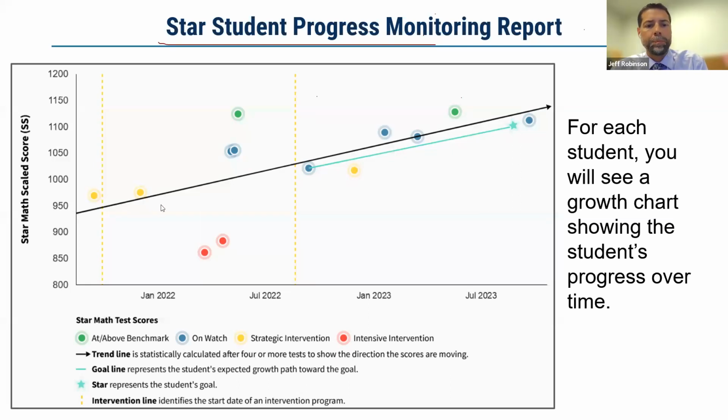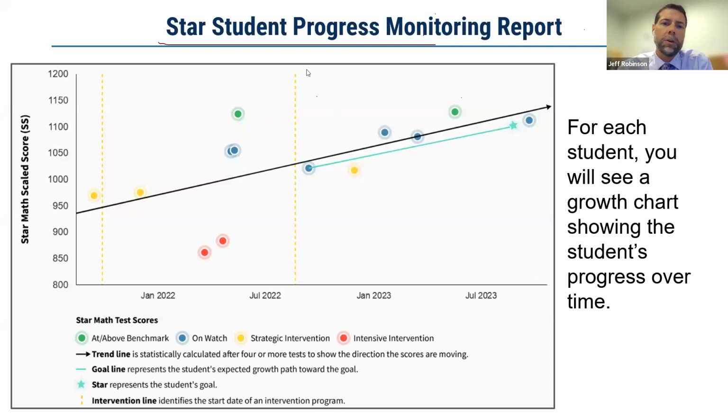The trend line is statistically calculated after the student has 4 or more tests. Based upon those 4 or more tests, the system calculates what it expects the student's performance is going to be over time. The greenish blue line, the teal line, is the goal line. This represents the student's expected growth towards their goal. The goal is represented by the star.